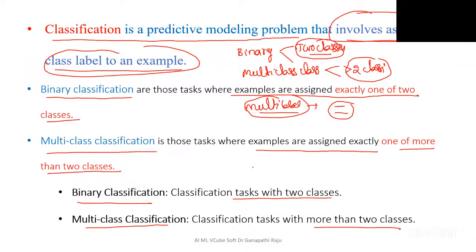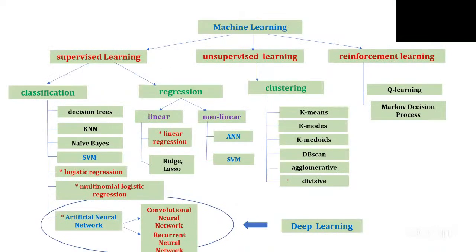For an example of multi-class classification, let us take the digits 0 to 9. Here I have 10 labels, and out of these 10 labels, I assign one label as the target variable. This is called multi-class classification. With your permission, shall I go to today's topic? Now today we will be discussing these techniques.